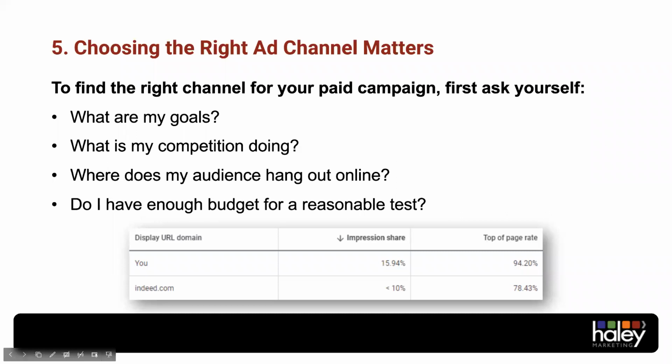That means your ads are showing about 16% of the time, and you're showing more often than Indeed. And then the top of page rate: how often is your ad showing above Indeed? So these are all important things to know. Are you hitting the right audience, who is your competition, and that also helps us make other decisions. Yeah, and what I love about this, a common question that we get all the time is, am I spending too much?